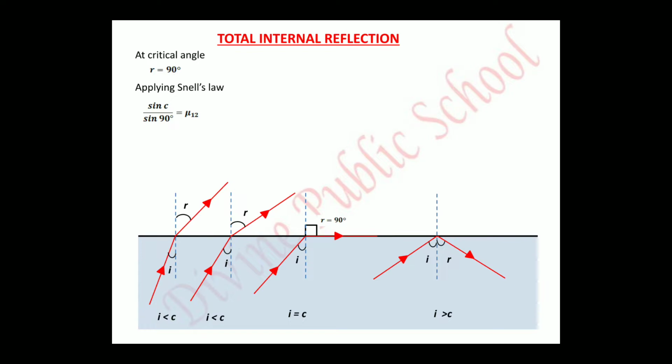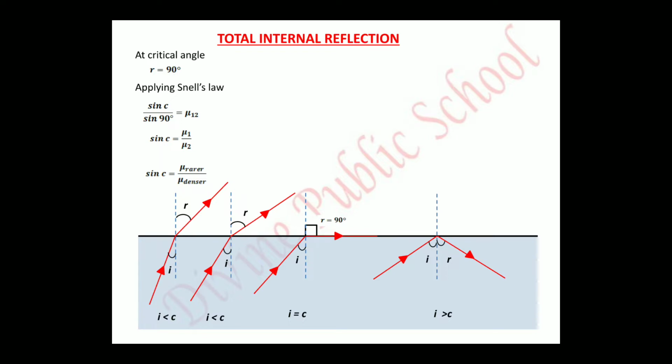So sin C upon sin 90 is mu 1 2, the refractive index of 1 with respect to 2, where 1 is rarer and 2 is denser medium. The value of sin 90 is 1. So sin C is equal to, in place of mu 1 2, we can write mu1 upon mu2. To remember, sin C is equal to mu rarer upon mu denser, meaning the refractive index of rarer medium upon the refractive index of denser medium.